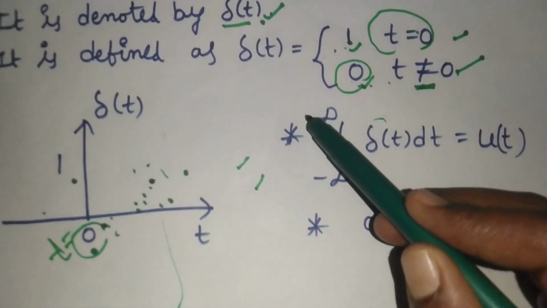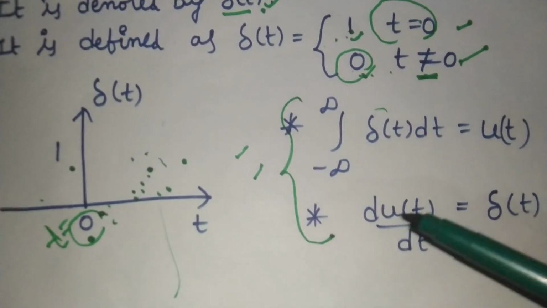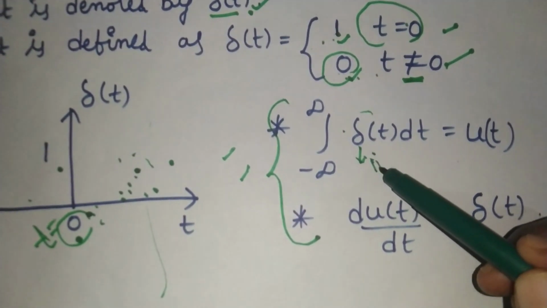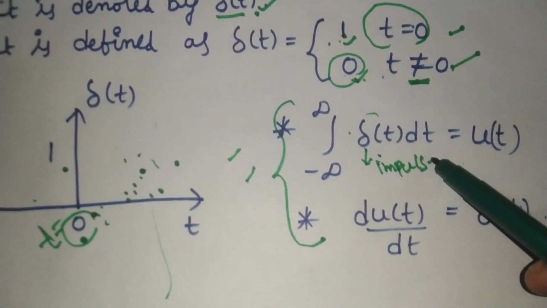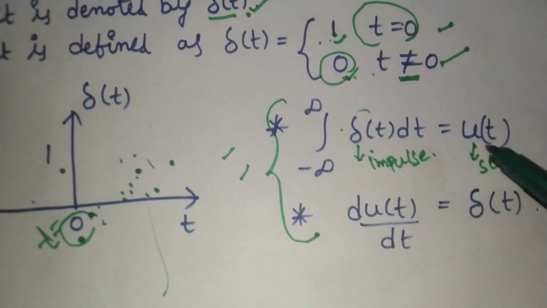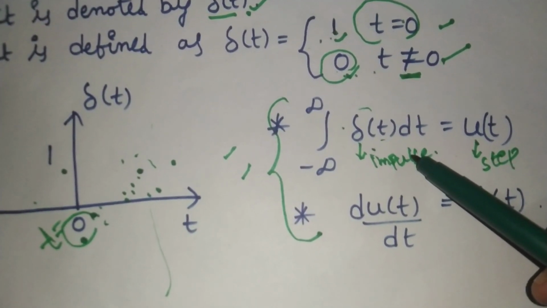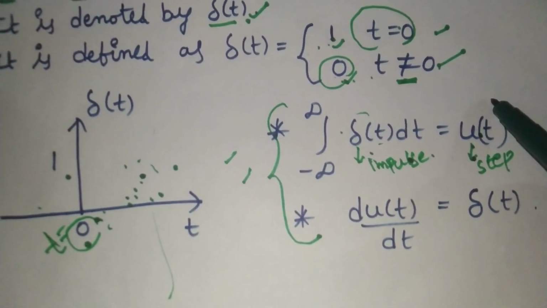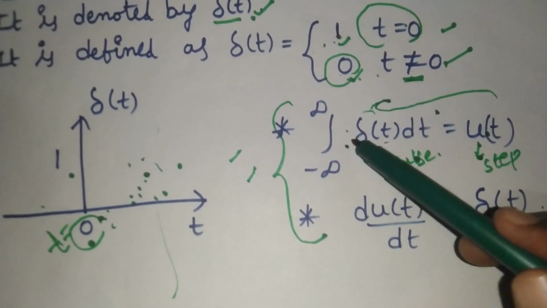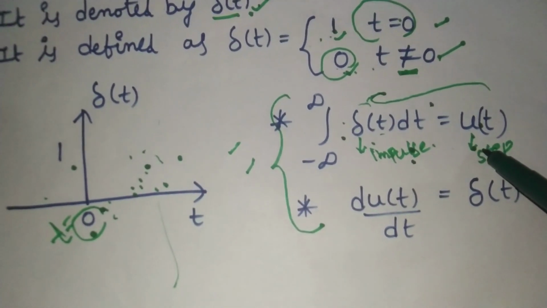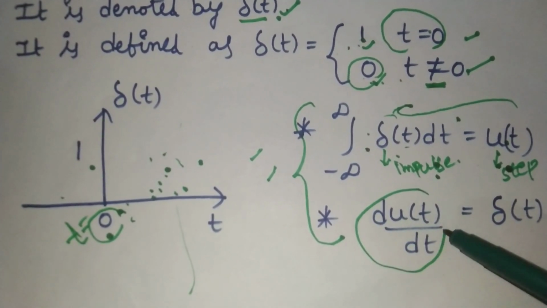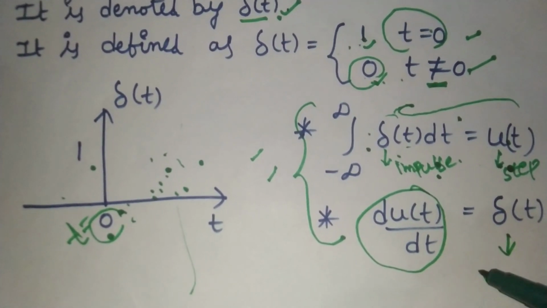Here we have two important points we have to remind every time. The integration of impulse signal is equal to the step signal. Whenever we apply integration to the impulse signal, then we get step signal. And in the inverse operation, the derivative of step signal is equal to the impulse signal.